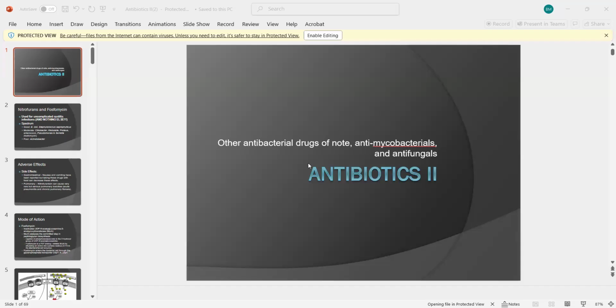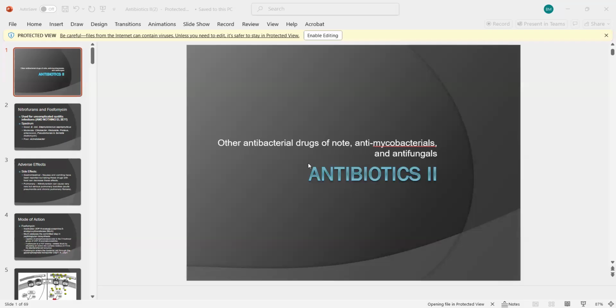Adverse effects, rash. That's the biggie. The sulfamethoxazole will cause rash. Dose-dependent bone marrow suppression at higher doses. At therapeutic doses, that's not an issue, but dose-dependent bone marrow suppression is an issue.